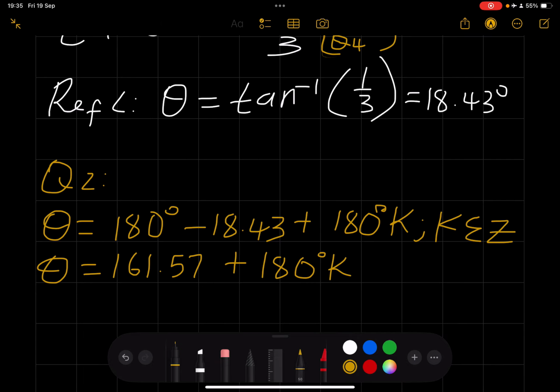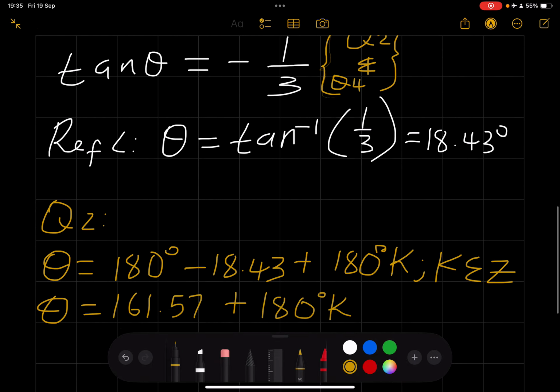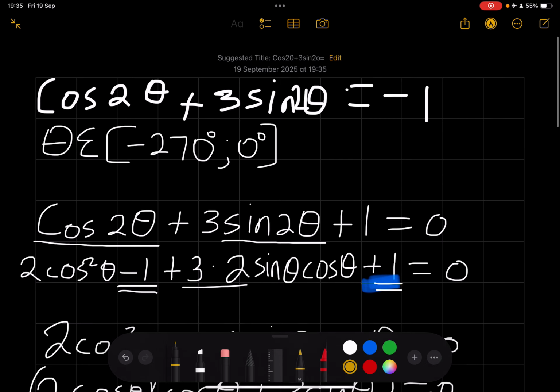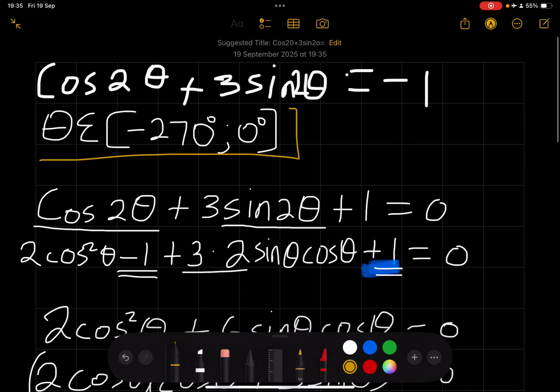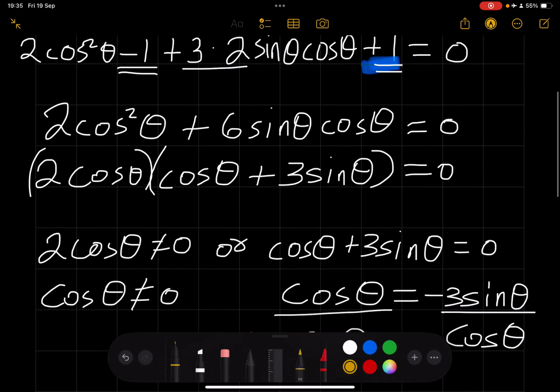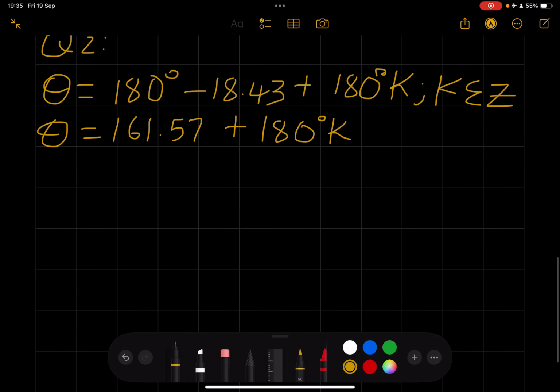All right. Now, we were told that we're only looking for the thetas that are in between here. All right. And then we're going to say, okay, theta elements, we open a bracket. On your Casio calculator, you type the solution 161.57 plus 180.